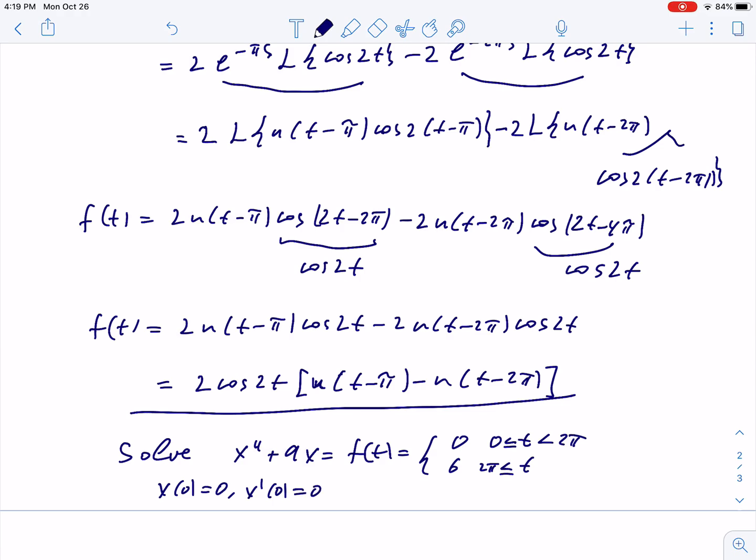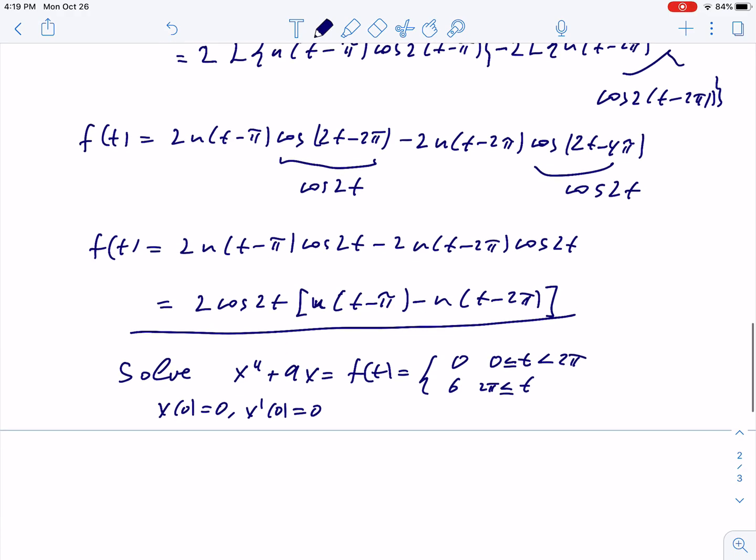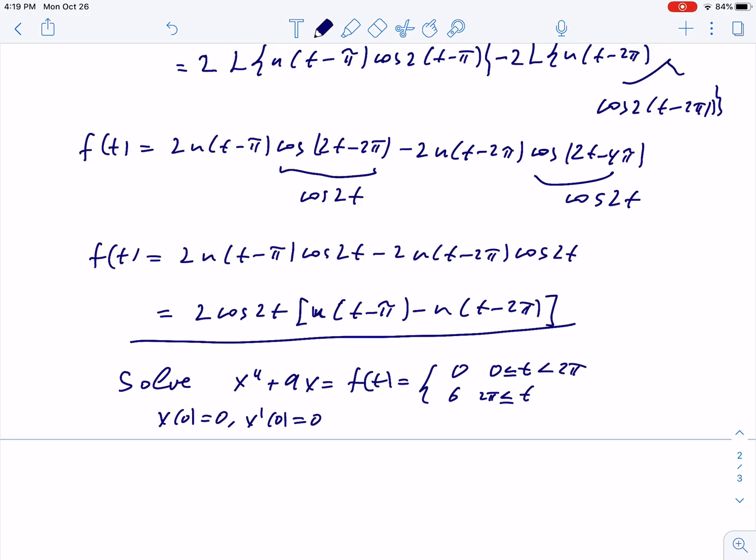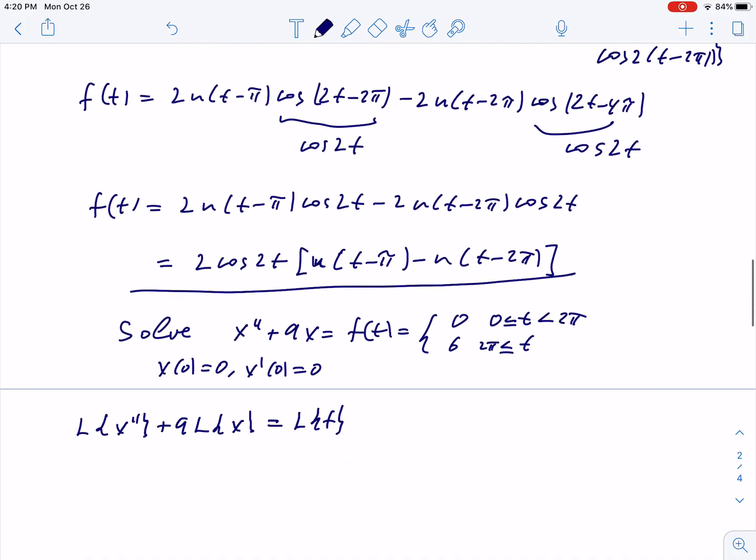So let's solve this equation. Applying Laplace to both sides, we have Laplace of x second plus 9 times Laplace of x equals Laplace of f. Now we are using formulas for derivatives, and we also have to find Laplace of f.